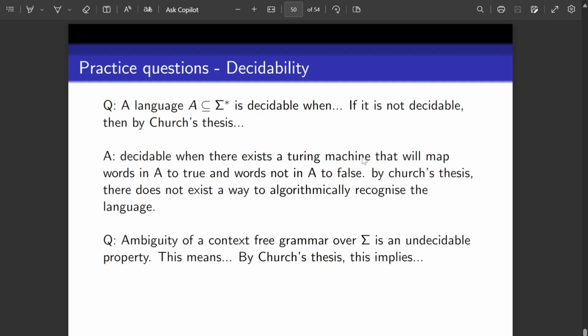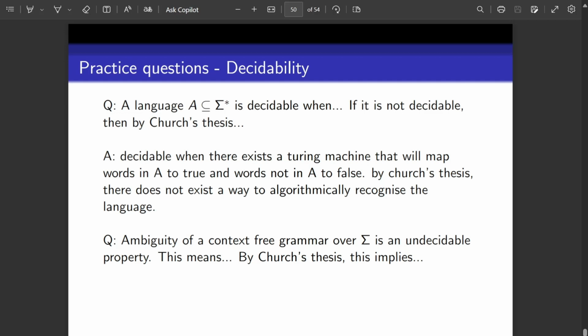So what about this question? Ambiguity of a context-free grammar over sigma is an undecidable property. This means, whatever it means, that by Church's thesis, this implies... Do you want to work through this too?